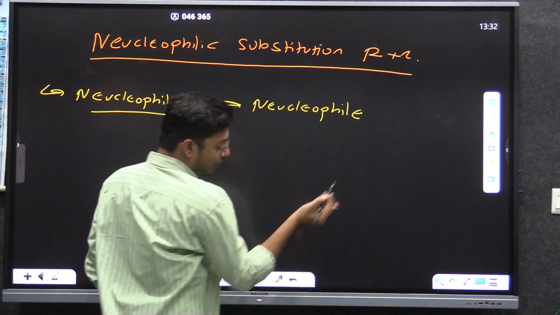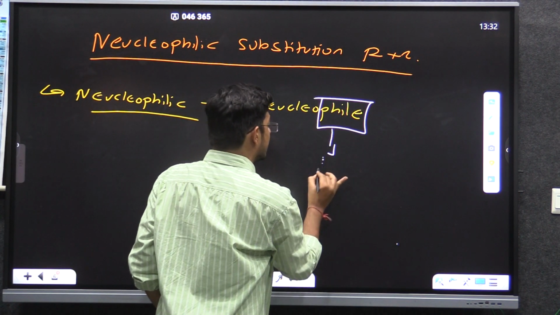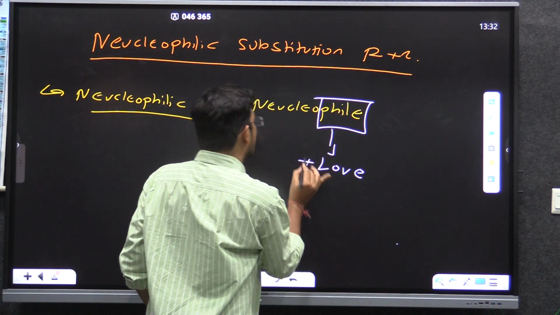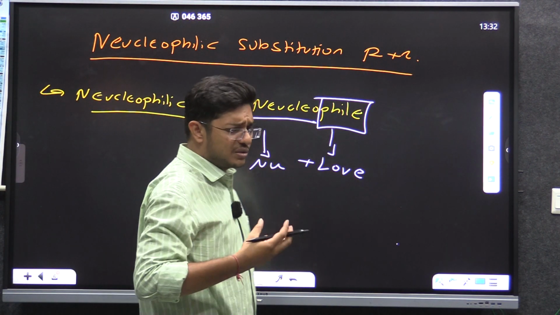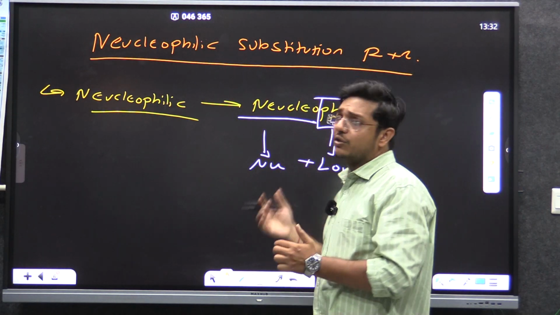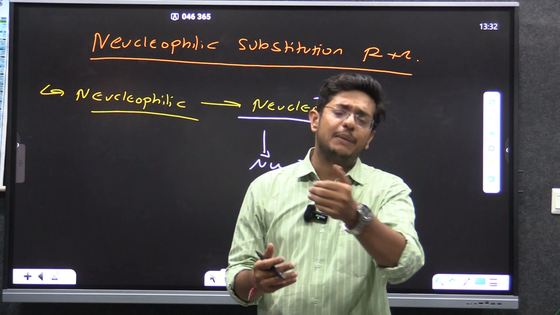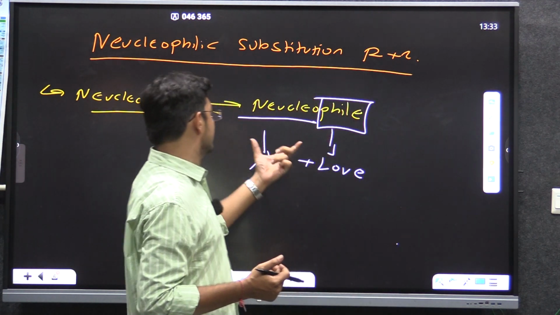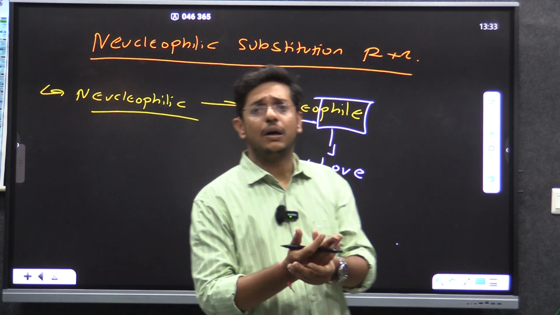As we know from previous knowledge, this "phile" word comes from love, and "nucleo" comes from nucleus. That means those species which are nucleus lovers are known as nucleophiles, or the species having a tendency to donate a pair of electrons are considered nucleophiles. These are just some basics of organic chemistry.